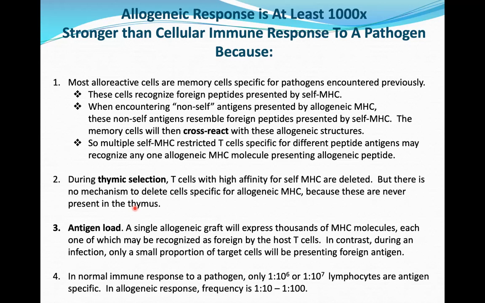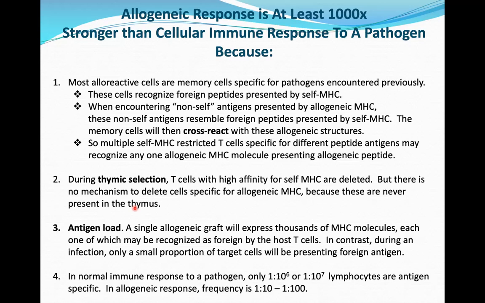The other consideration is that, remember, in the process of primary education, when your naive T cells are passing through your thymus and seeing your self MHCs, if they bind to the self MHCs too strongly, they will die. If they bind too weakly, they will die.